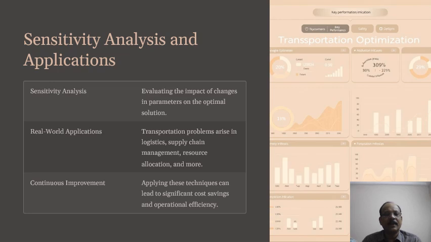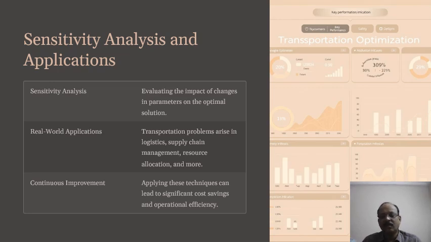And finally, sensitivity analysis and applications. Sensitivity analysis means evaluating the impact of changes in parameters on optimal solutions. Parameters means the coefficients of the objective function, or the constraints, the right side quantities or coefficients, that you can change and take into consideration for the sensitivity analysis.